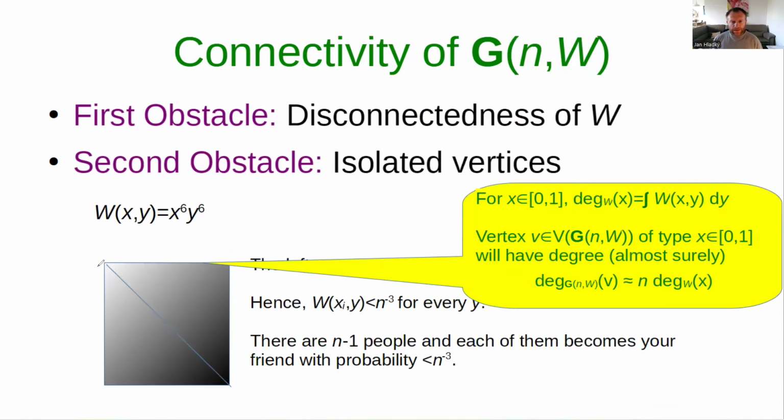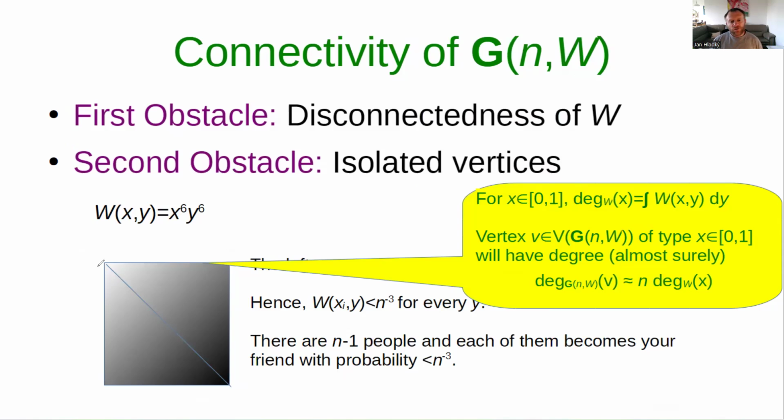The reason why degrees are relevant is because in our generated graph G(n,W), a vertex assigned position x will have an expected degree roughly equal to n times its graphon degree. So there is a clear relation between graphon degrees, when the vertices are assigned their position but the finite graph hasn't been generated yet, and graph degrees of the random graph.